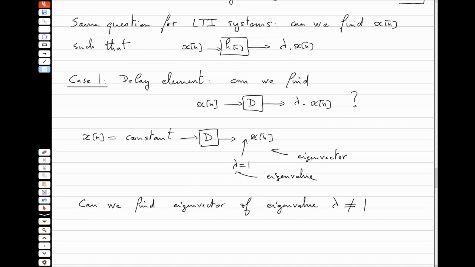I'm not doing this correctly. We find an eigenvector of the delay element of eigenvalue which is different from 1. Is it possible or not?